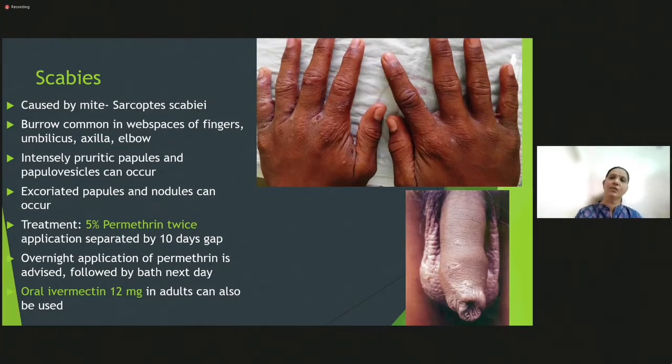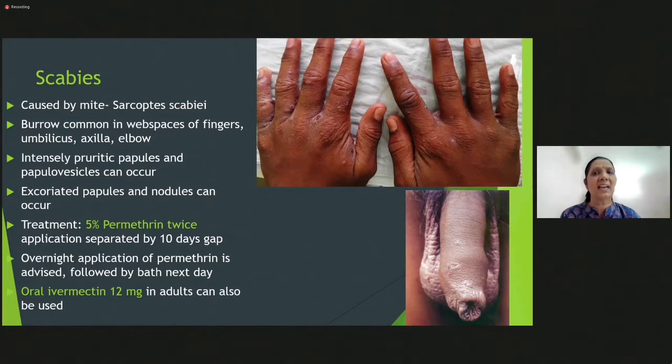Because you will be applying this lotion between the web spaces on the hands, it should not touch the eye or the oral cavity. Hence, you have to advise the patient to apply it at night after dinner and then apply it all over the body, giving special attention to all the folds so that they are taken care of. Still, itching may persist for some more time.